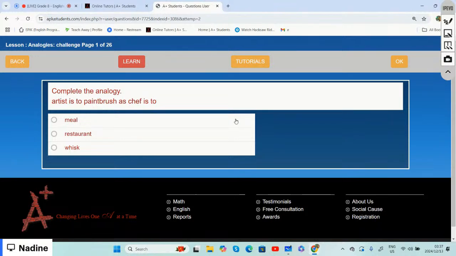All right. So now, an artist is to paintbrush. That's the relationship between them. Artists have paintbrushes. Now, chef is to what? Is it meal, restaurant, or whisk?